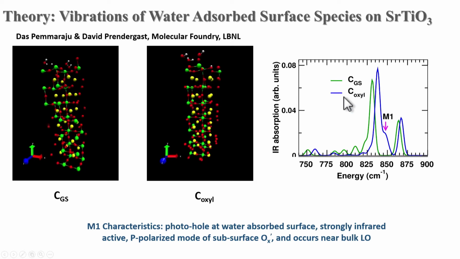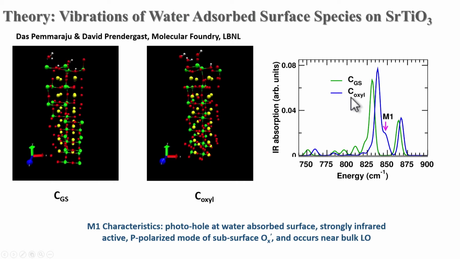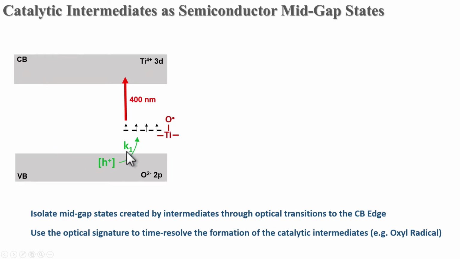We can also see them as trapped surface charge, which essentially creates mid-gap states in the semiconductor, shown here. These mid-gap states are really nice because they're separated from the delocalized charge in the valence band so that we can understand essentially the time scale with which the surface charge is created from these valence band holes.